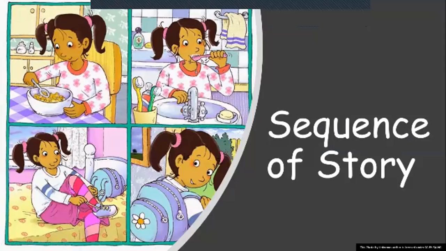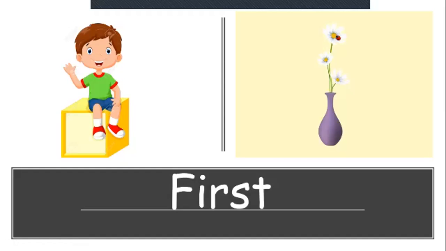Boys and girls, we are now going to look at the sequence of that same story we just heard and we saw in the video. So this is your PowerPoint here now for sequencing stories. So what's the first thing that happened in the story?